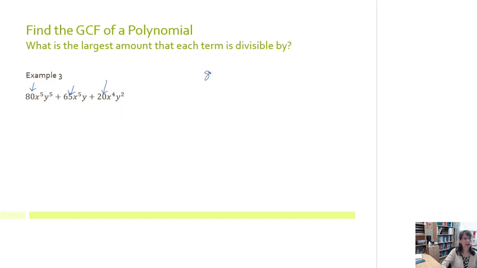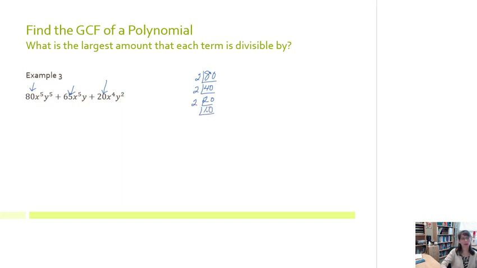So if I begin with 80, I want to break that down into factors and think about prime factors that 80 is divisible by. So I can divide that by 2. That leaves 40. 40 divided by 2 again would leave 20. 20 divided by 2 leaves 10.